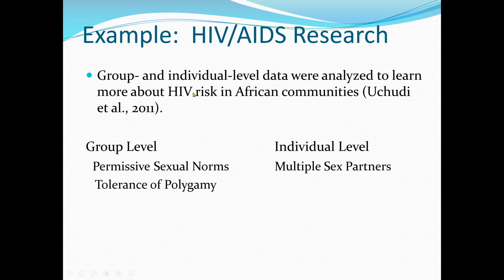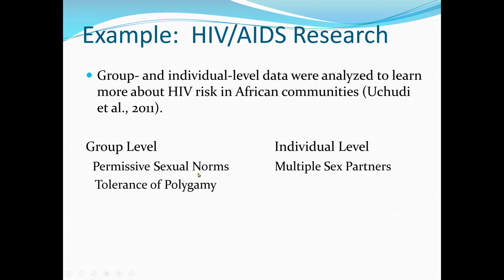So an example here is where group and individual level data were analyzed to learn about HIV risk in African communities. This study was done in 2011. At the group level, they used permissive sexual norms and tolerance of polygamy. So this is, again, group level.